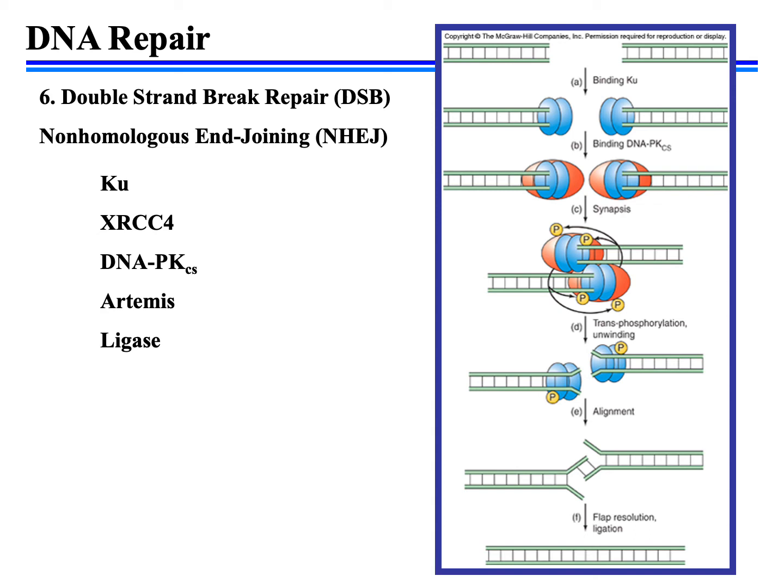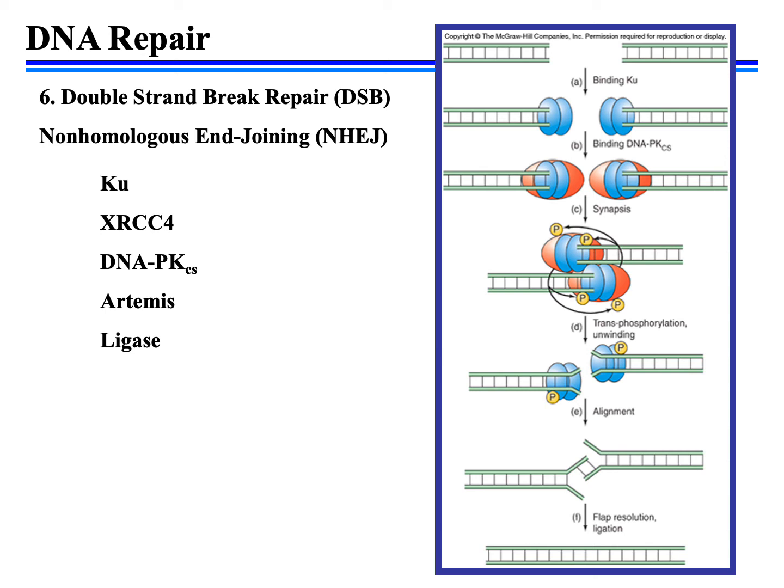Those two components are known as Ku70 and Ku80. These two molecules are thought to potentially have ATPase activity, which means that they can harness the energy associated with ATP, as well as potentially having helicase activity. And we know helicase's job is to unwind DNA.